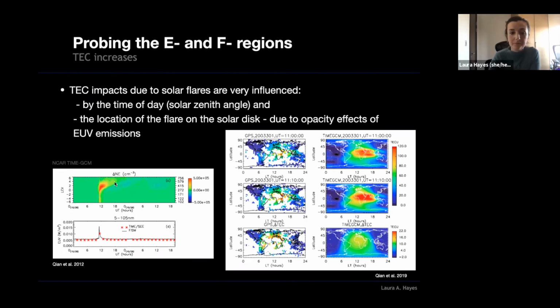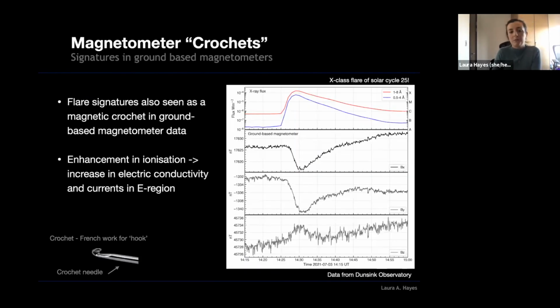Now moving on, as I described about magnetic crochets, these are signatures of currents in the E region that are caused by increases of electron density in this E region. And they're seen, this is this recent X-class flare from essentially 2 weeks ago.